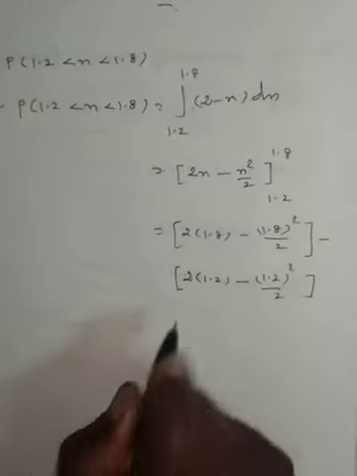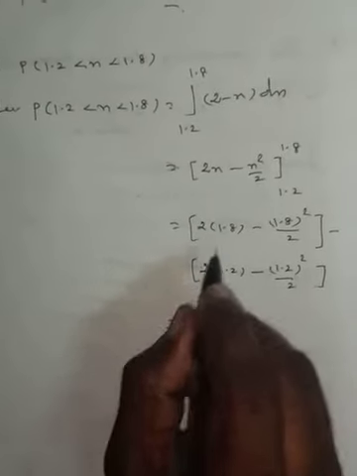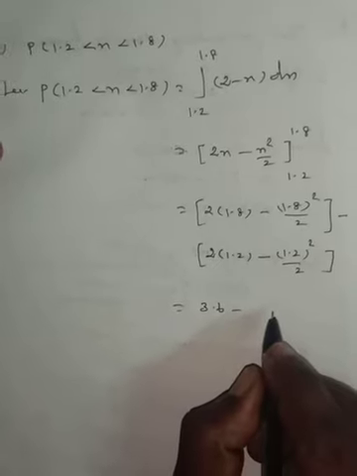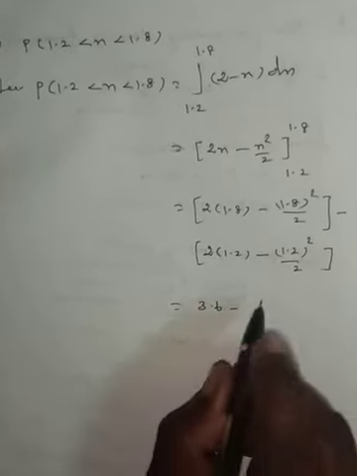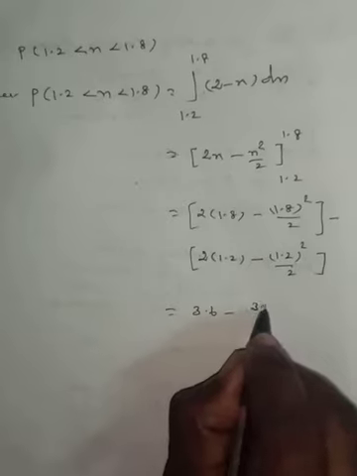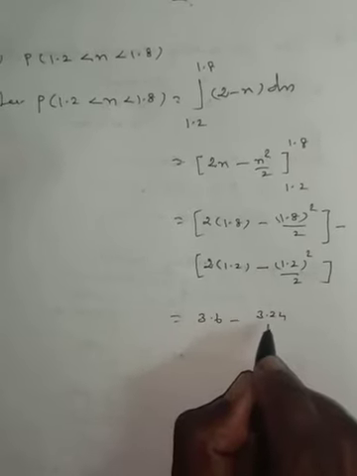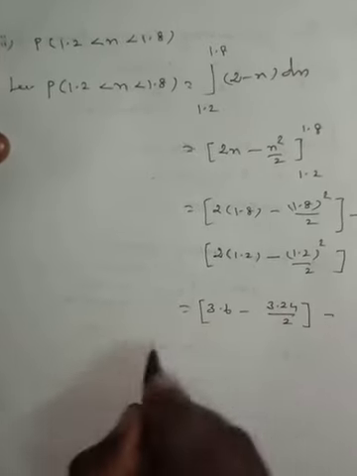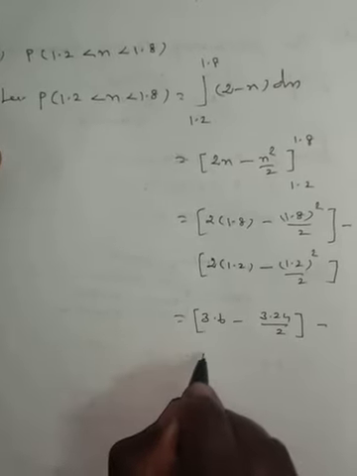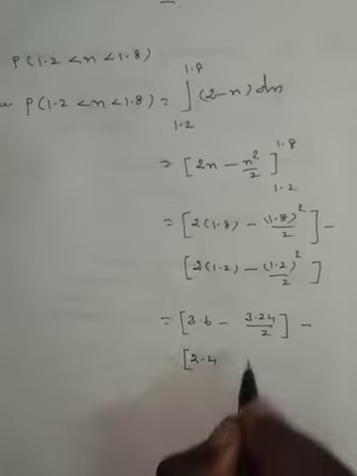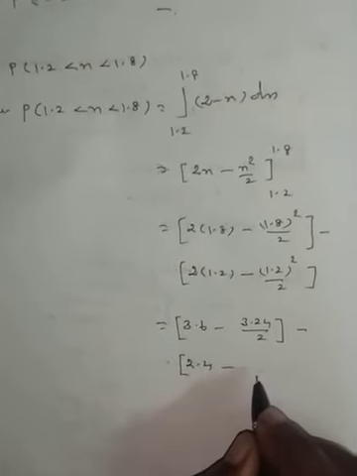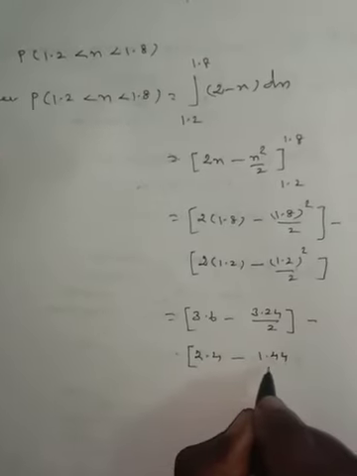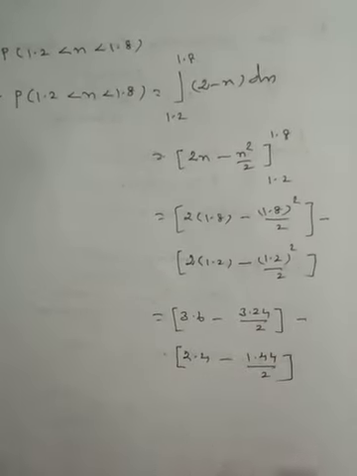So the upper limit gives 3.6 minus 3.24 divided by 2, minus 2.4 minus 1.44 divided by 2.